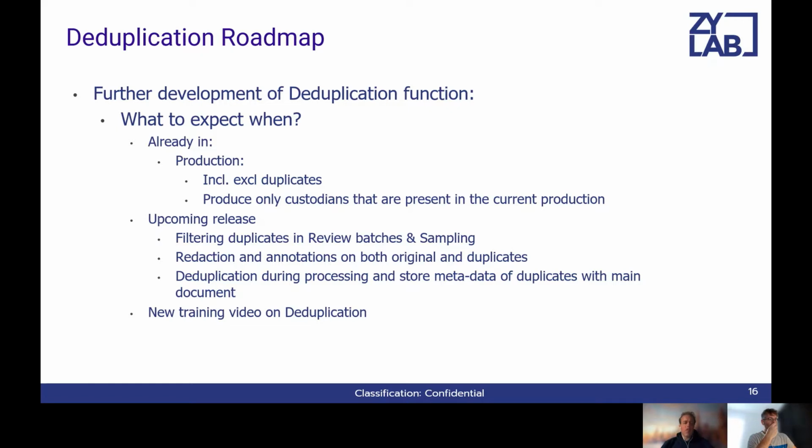Support for redaction and annotation on duplicates is what we will work on next. So we're talking about weeks. But deduplication support with storing of metadata on duplicates during processing is something for the slightly longer term. Okay. So it's currently scheduled for the upcoming quarter, but that might still shift depending on priorities.